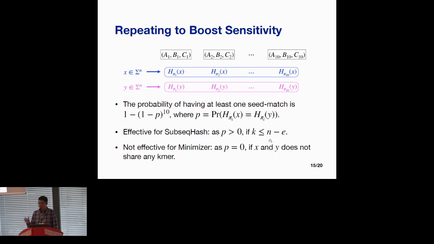So most of the time p will be strictly positive, although it's small, but it can be boosted by repeating. However, repeating is not effective for minimizers, simply because most of the time p will be 0. If X and Y don't share any kmer, which can easily happen when the error rate is high, then p is 0, and repeating will not help.